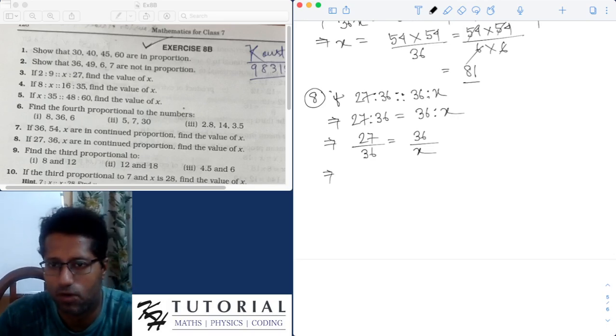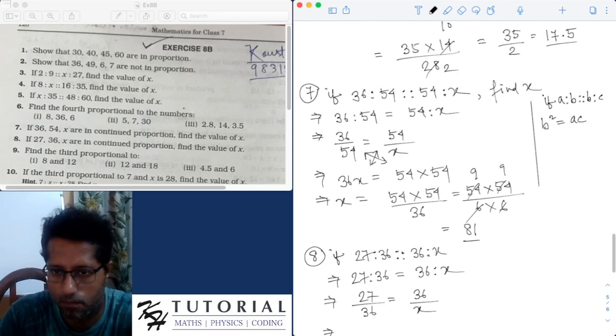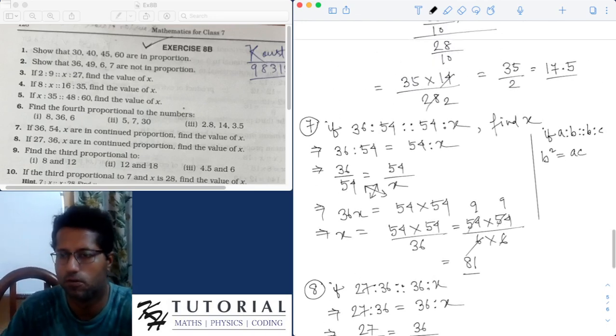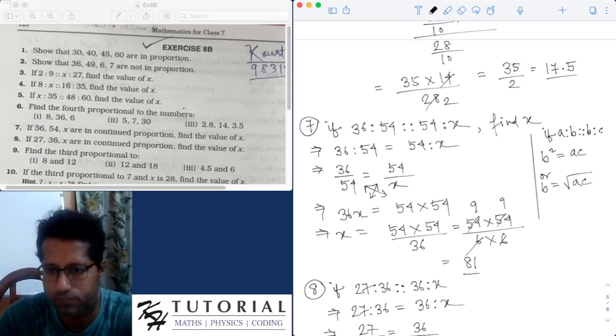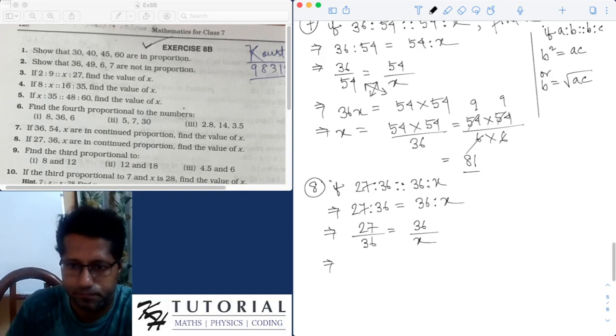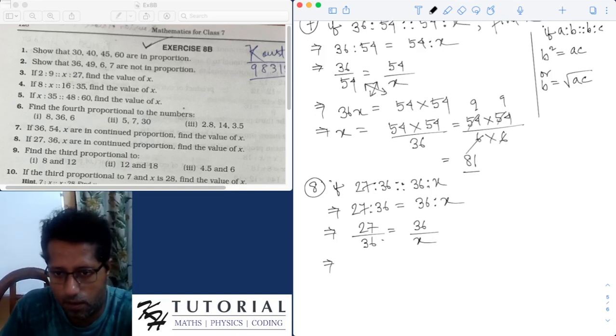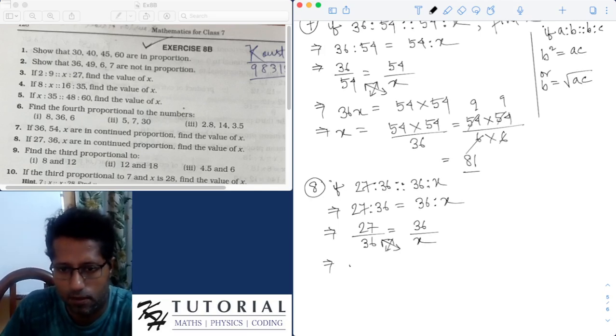The direct formula for a continued proportion: if A, B, C are in continued proportion, we know that B square equals AC, or B equals root over AC. So from here we are doing cross product. By doing cross product, we know that 27x equals 36 into 36.